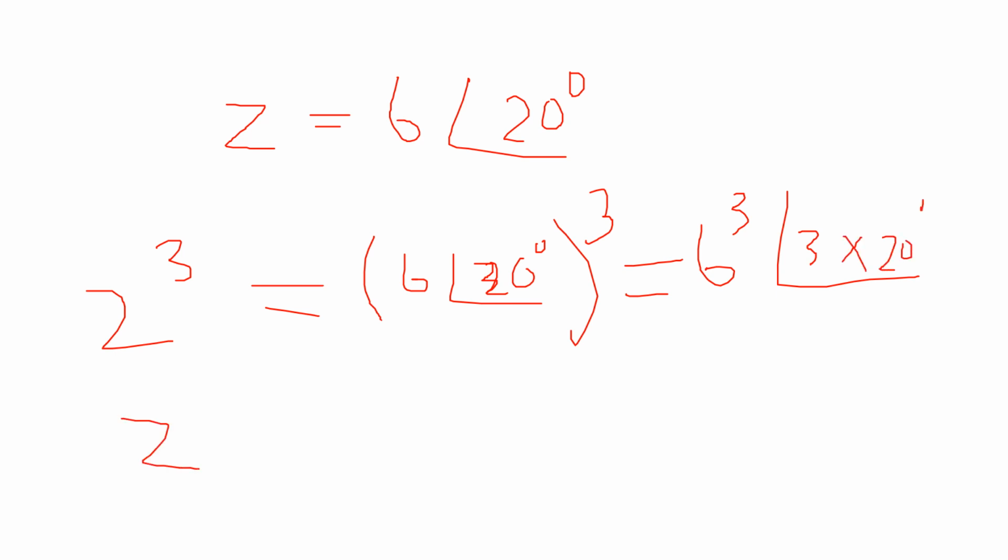So your z cubed will be 6 cubed, which is 216, and then the angle will be 60 degrees.